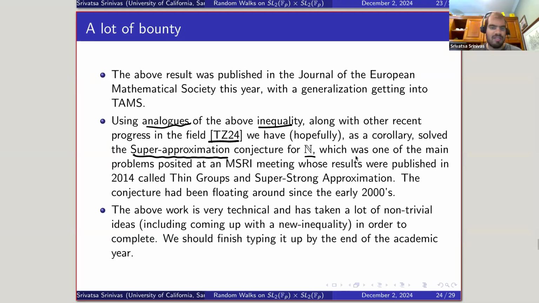We're typing it up right now. It's a lot of technical work. So hopefully we should be able to finish typing up the furtherings of this idea by the end of the academic year. All right, that's all I had.